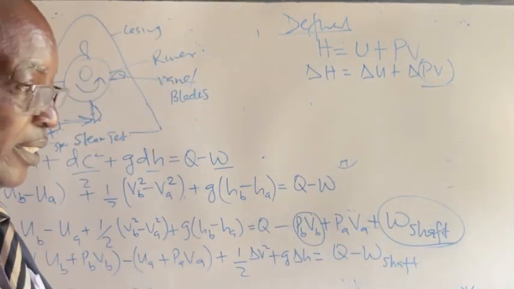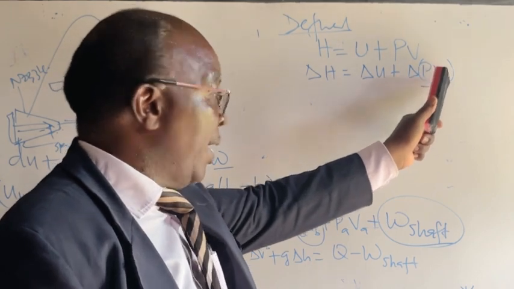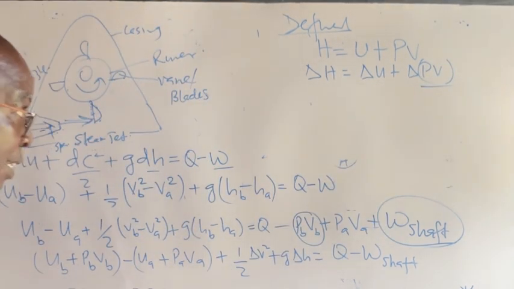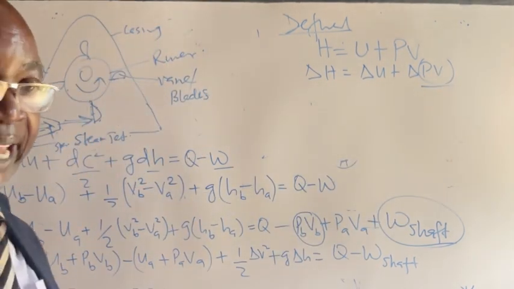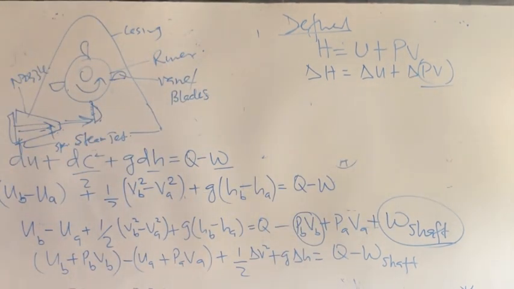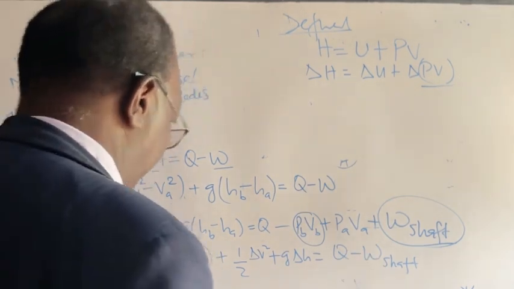If that is the case, that it is not ideal, then just put in pressure value for the system and the volume value for the system. But if it's ideal, then you can put nRT there, which will become delta n RT, and that delta n will be the difference in number of moles of gas in the reactants and the products.